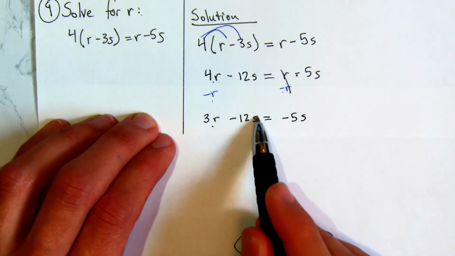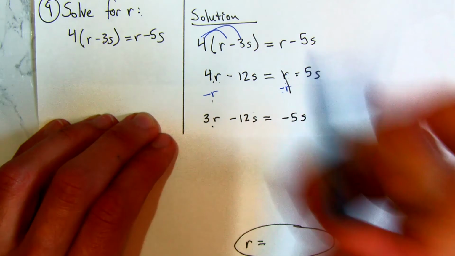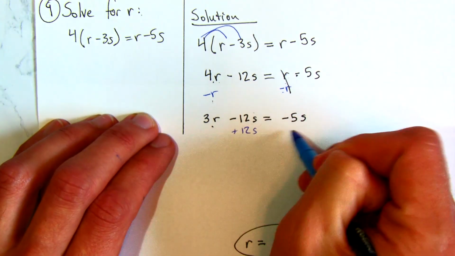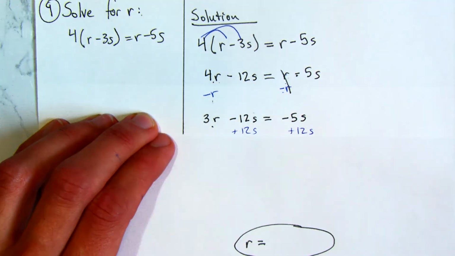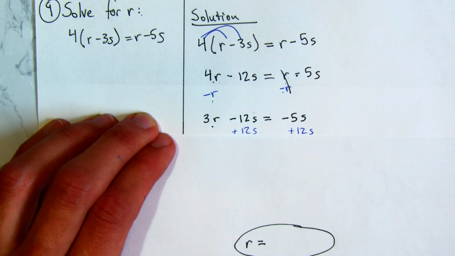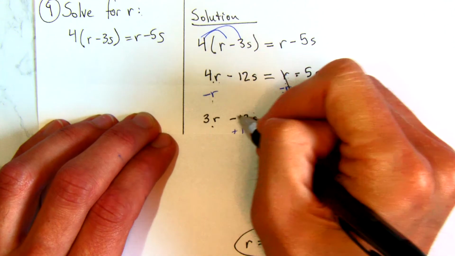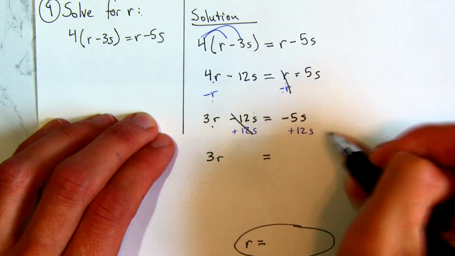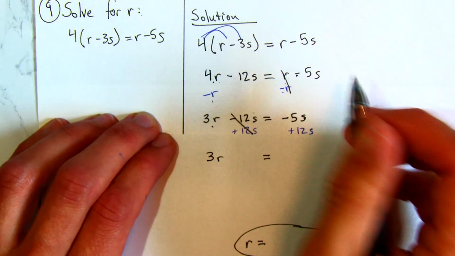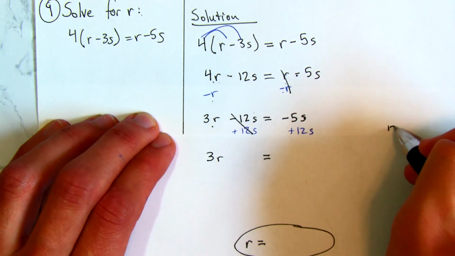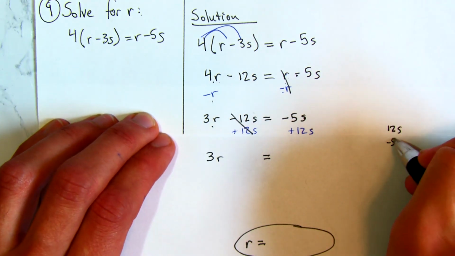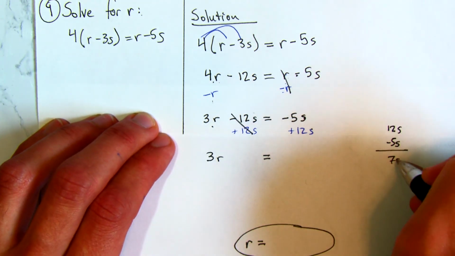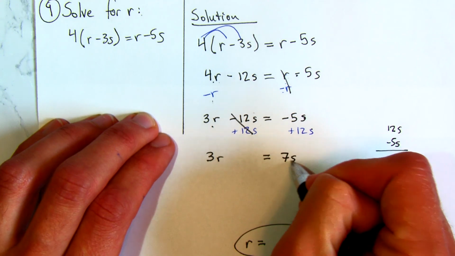Okay, now let's make r alone. Let's move over the negative 12s. Add 12s to each side. Negative 5s plus 12s. That's the same thing as 12s minus 5s, which is just 7s.